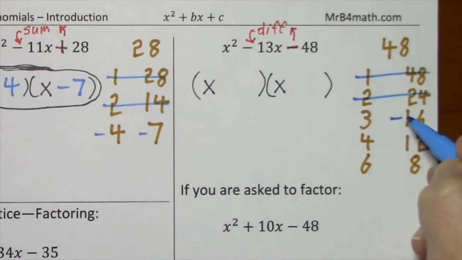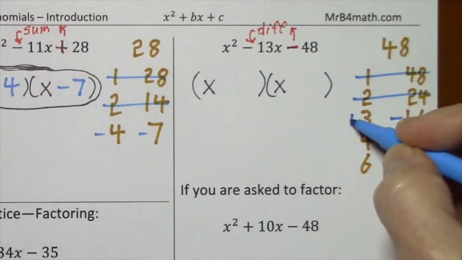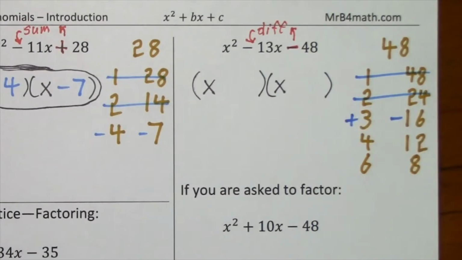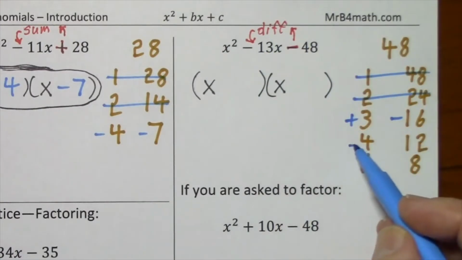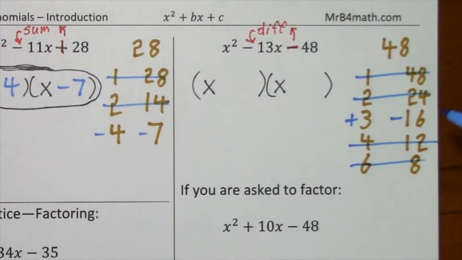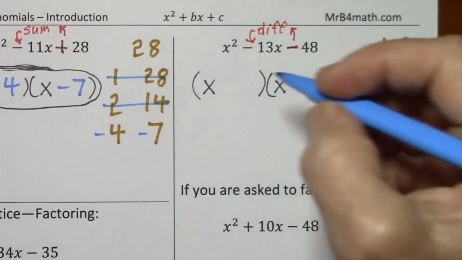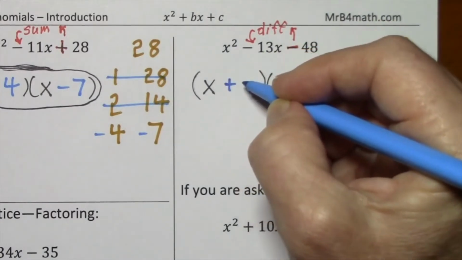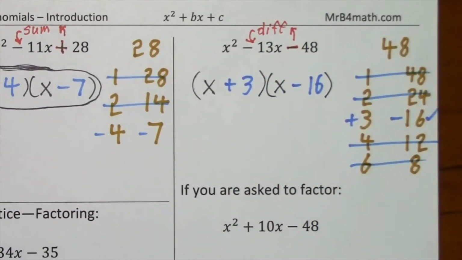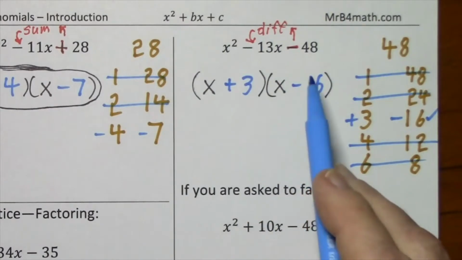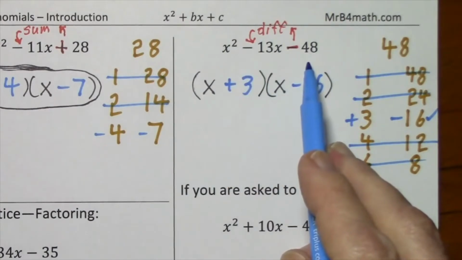But if we had negative 16 and positive 3, we could get a negative 13. This wouldn't work, nor would this. So here's our factor pair. We simply plug in positive 3, negative 16, and we have the factored form of the original polynomial.